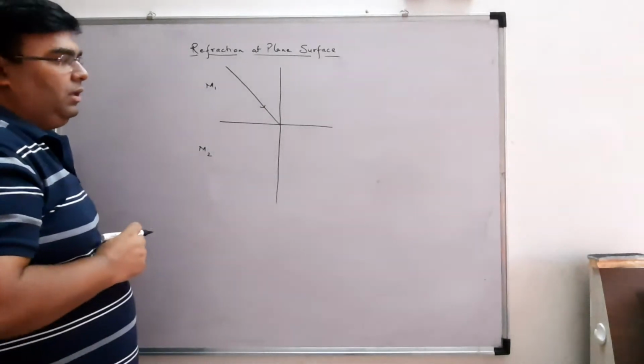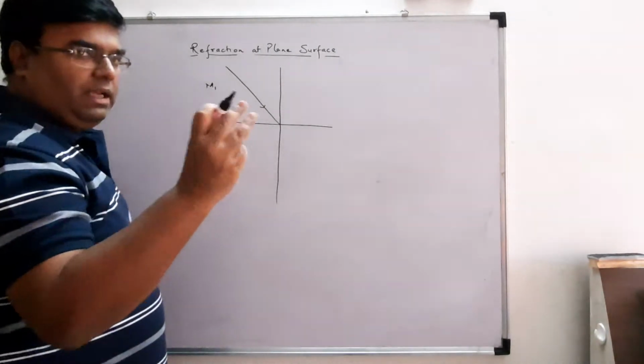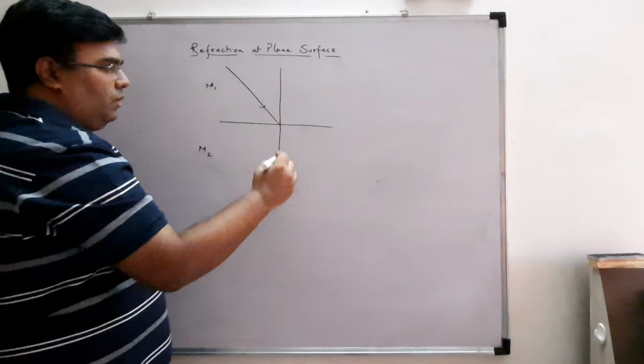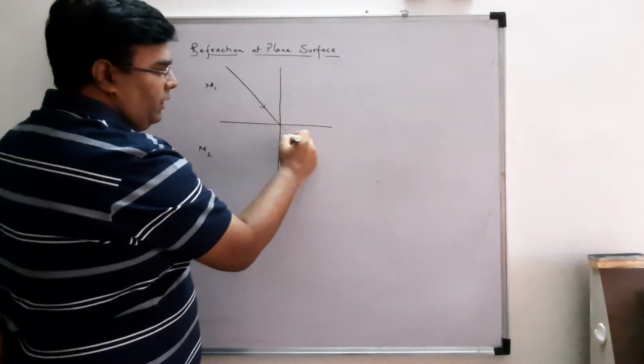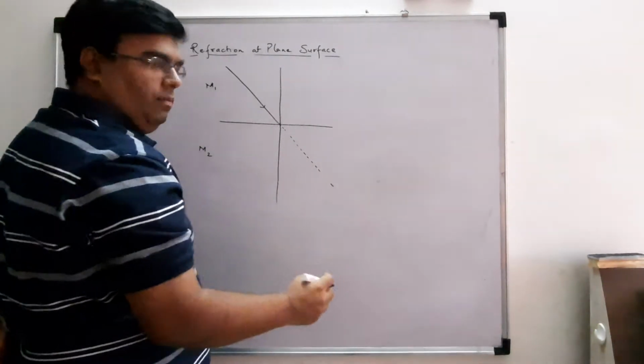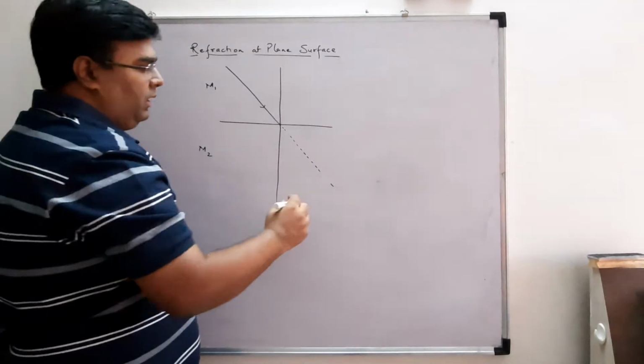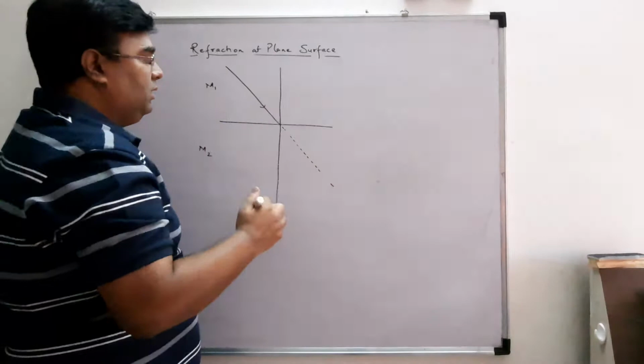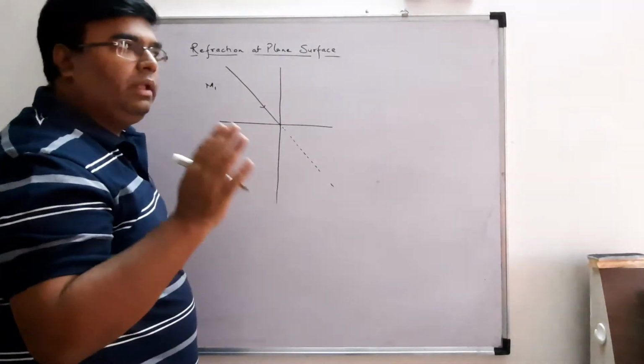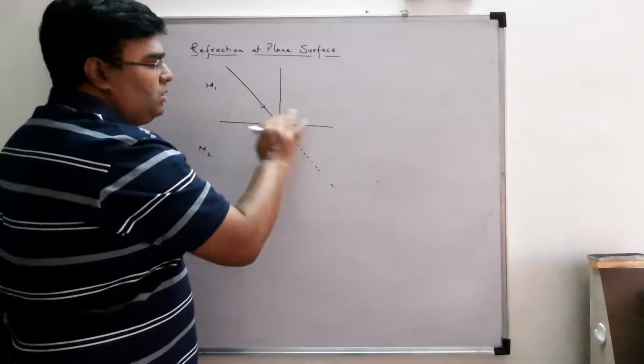Now there are three things which can happen. One, either it will go in the same direction. Then we can conclude that medium 1 and medium 2 are the same, there is no surface here.